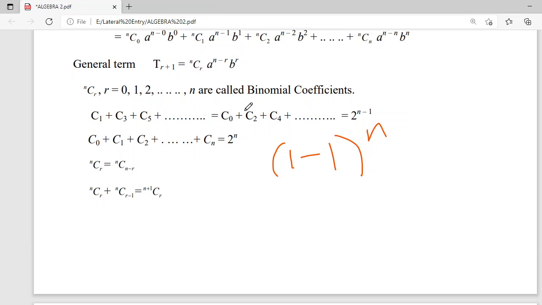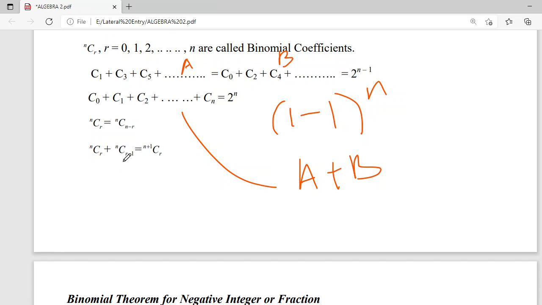If we add them, C naught plus C1 plus C2 plus C3 plus C4 and so on, if we write one sum as a and the other as b, then a plus b is 2 to the power n, and because a equals b, it is half of this, 2 to the power n divided by 2. So the value is 2 to the power n minus 1. This result you remember.